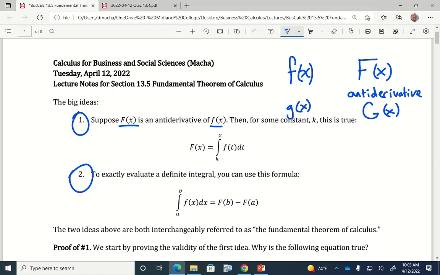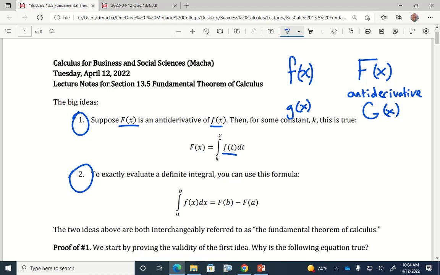Then if you just choose any constant k, it doesn't really matter, as long as k is a constant number, then you can say that F of x is an antiderivative if it's equal to one of these definite integrals we just learned about, with lower bound k and upper bound x, where the curve we're finding the area under is that lowercase f function.